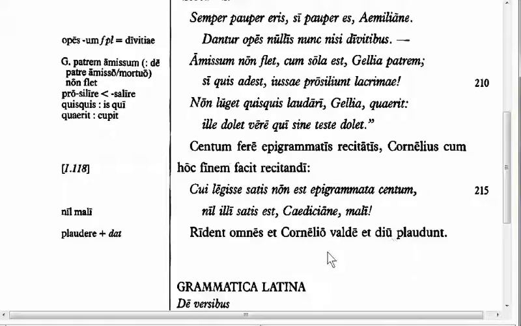So plaudunt Cornelio. Notice Cornelio in the dative case. Plaudunt, they applaud him. Plaudunt, the verb, takes the dative. It's one of those crippies, or like favere that we just saw, and here plaudere also takes the dative.